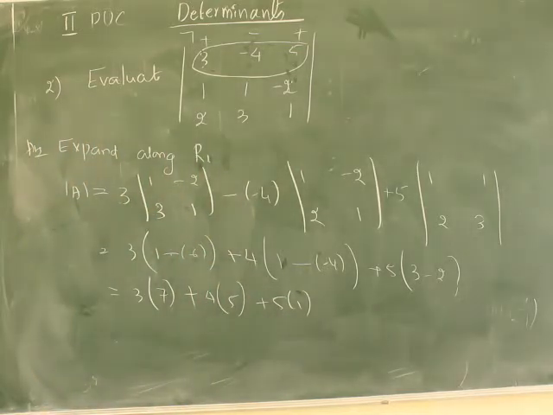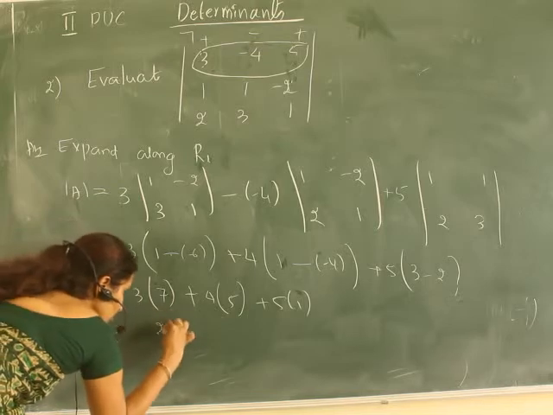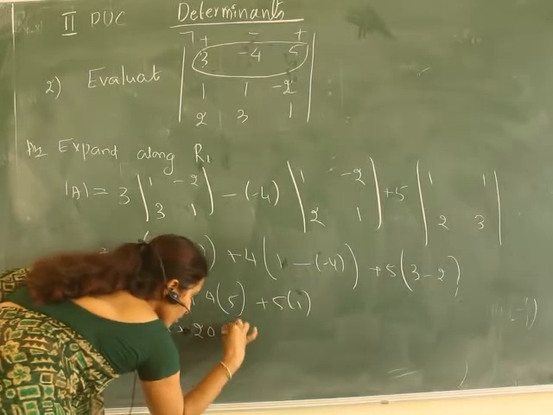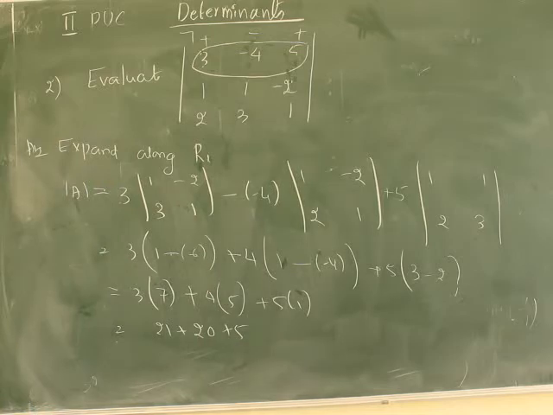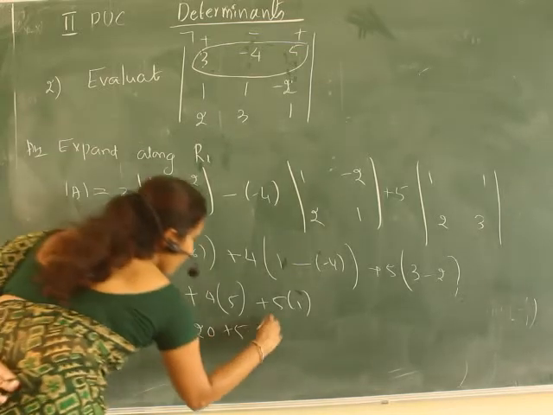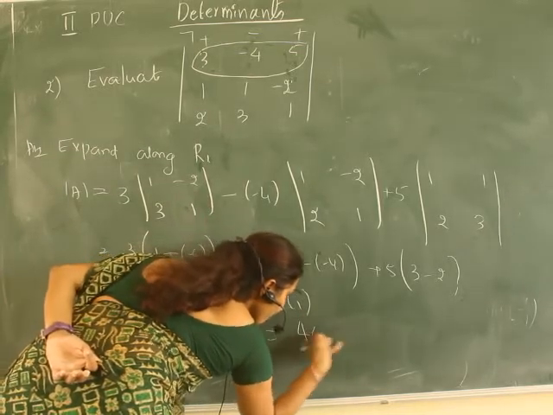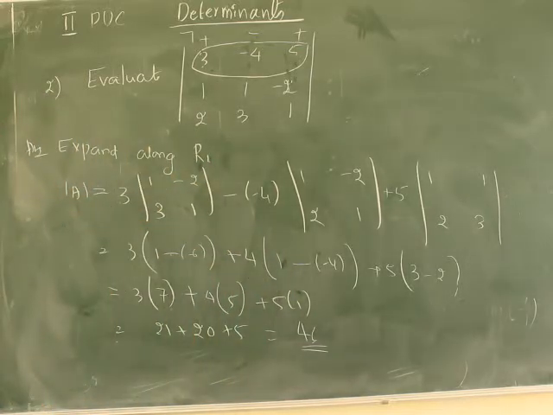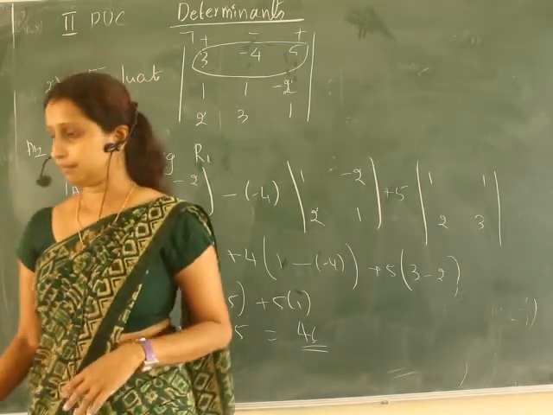So this will be 21 plus 20 plus 5, so 20, 20, 40, 45, 46. Determinant value is 46. So this is the answer. I have expanded along R1. So this is one more example. Thank you.